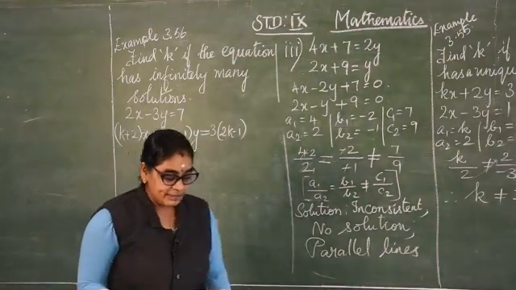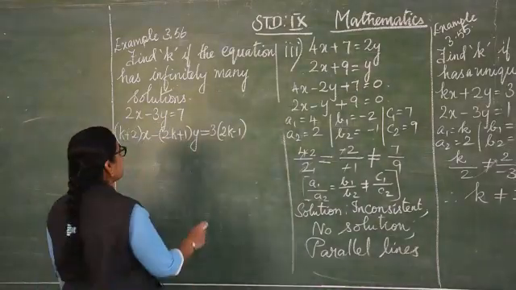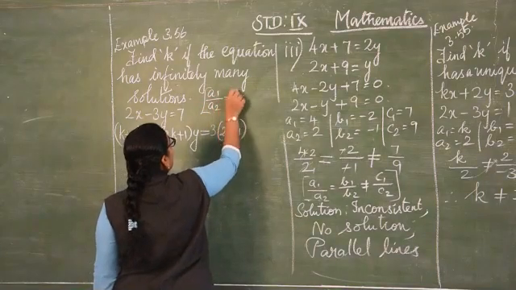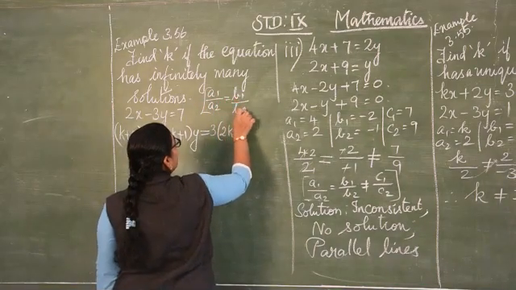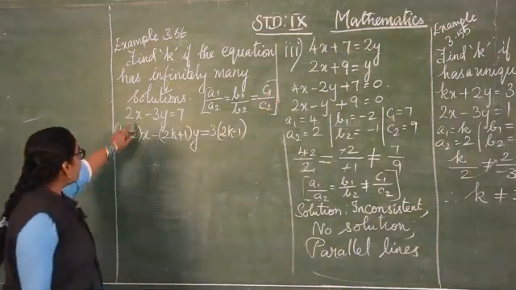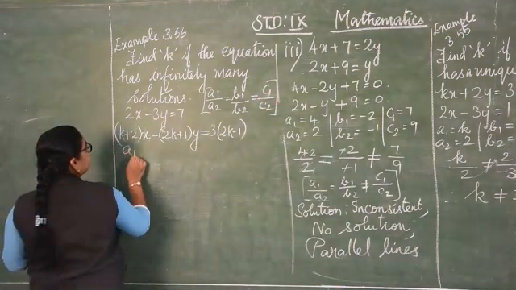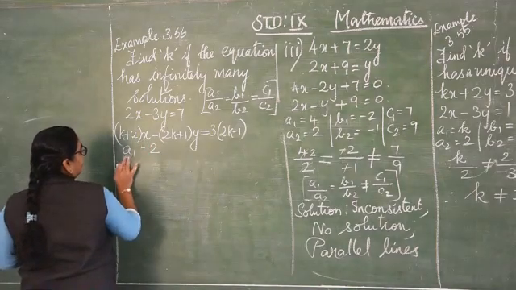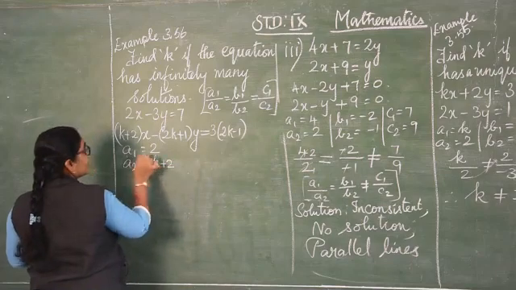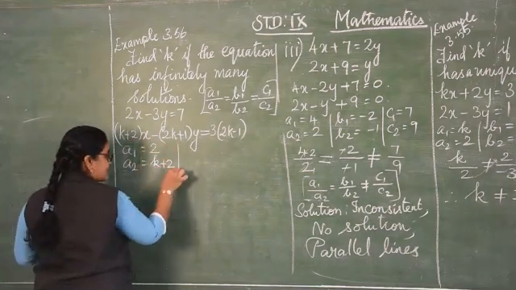For infinitely many solutions, we know the condition: a1 by a2 should be equal to b1 by b2 should be equal to c1 by c2. Now a1 is 2, then a2 is k plus 2, the coefficient of x.